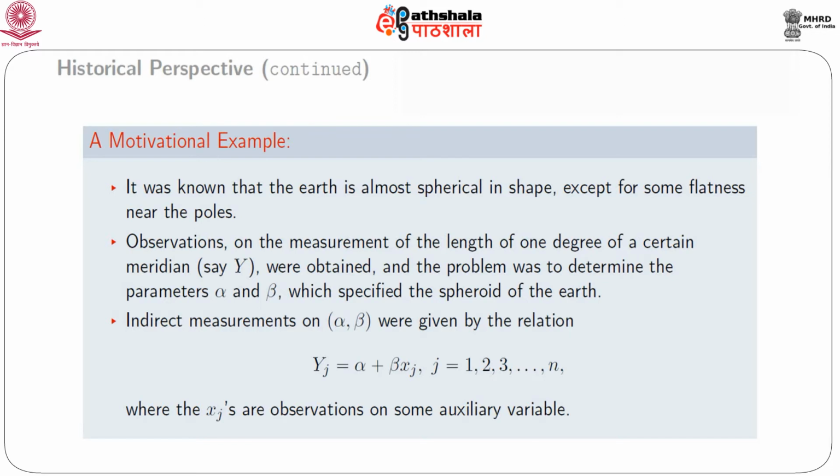Indirect measurements on alpha, beta were given by the relation yj = alpha + beta xj, j running from 1 up to n, where xj's are observations on some auxiliary variables and n is the number of observations.